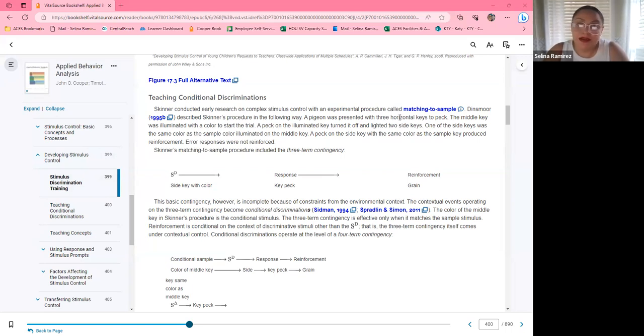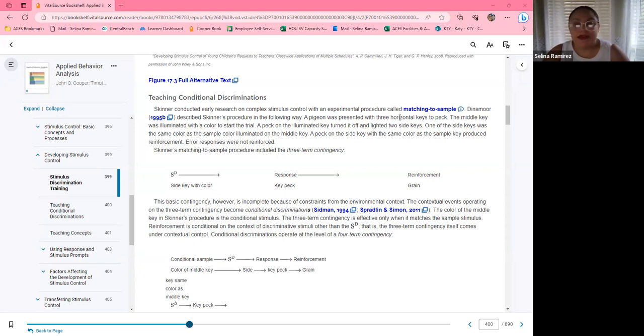The middle key was illuminated with a color to start the trial. A peck on the illuminated key turned it off and lighted the two side keys. One of the side keys was the same color as the sample color illuminated in the middle. A peck on the side key with the same color as the sample key produced reinforcement. Error responses were not reinforced.